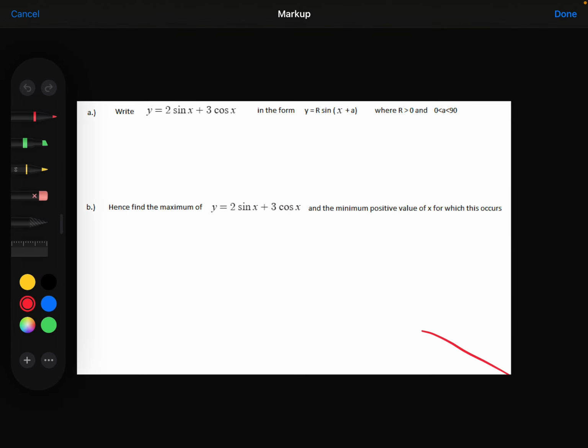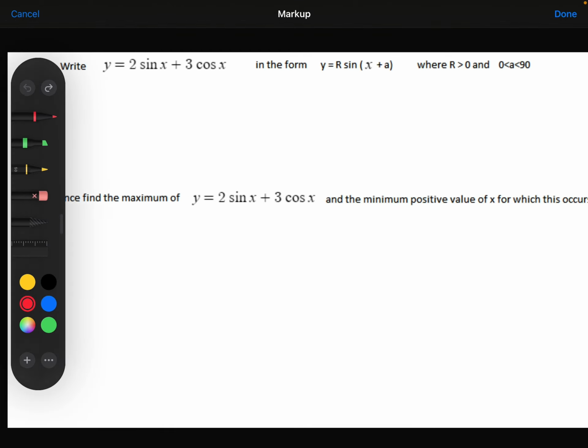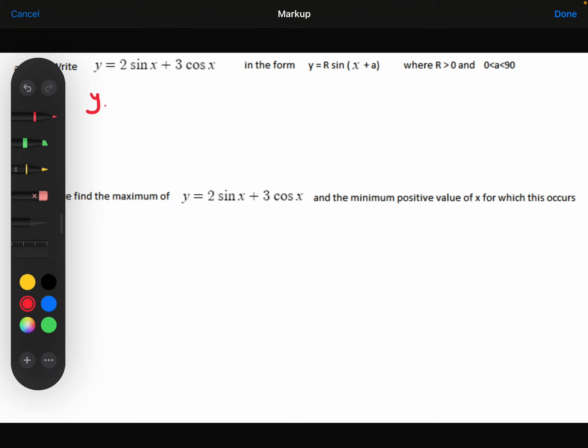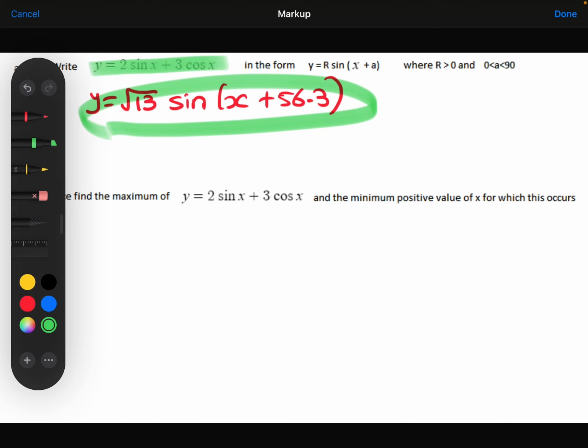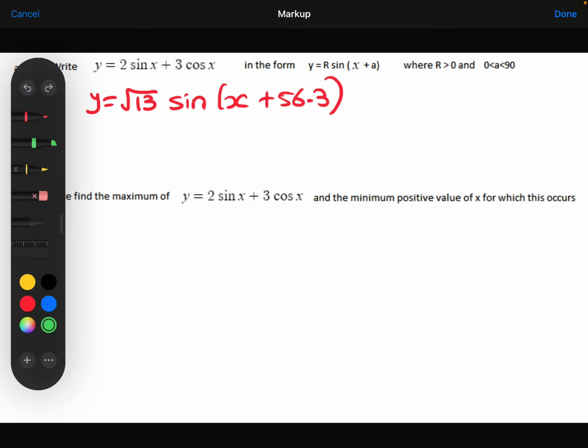I can rewrite this 2 sine x plus 3 cos x as a single trigonometric function, root 13 sine of (x plus 56.3). This is the same thing as this. It looks more complicated because we've got a square root and we've got a 56.3 inside the brackets.